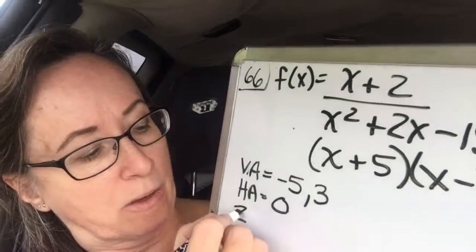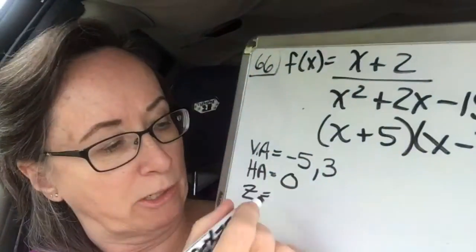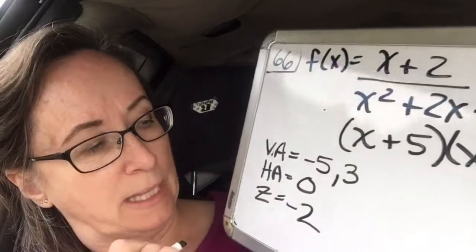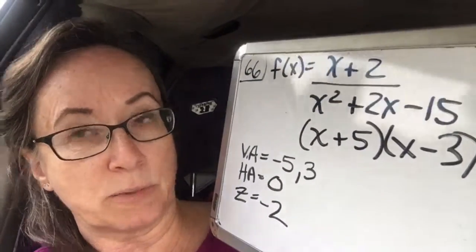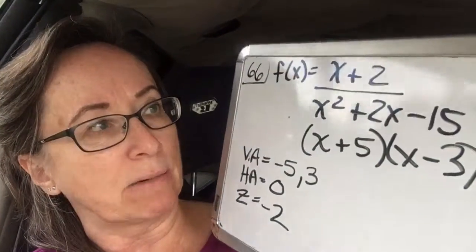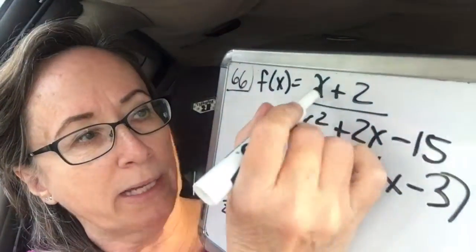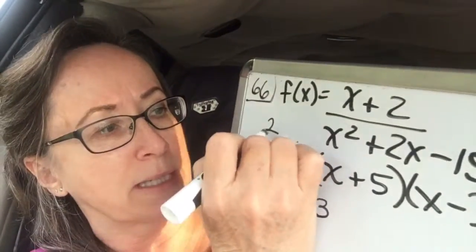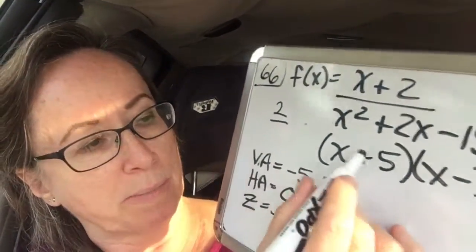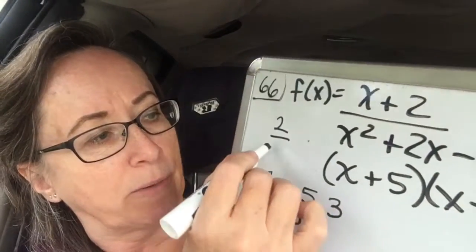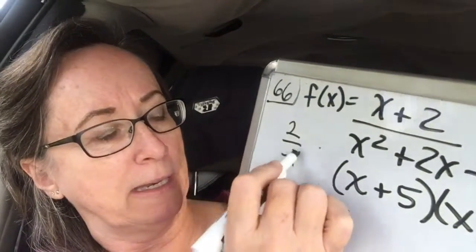My 0 is from the numerator and it is at -2. And my y-intercept is what's going to happen when I plug in a 0 for the x. For my y-intercept, I would get a 2 on the top, and on the bottom, I'd get a 5 times a -3, or a -15.